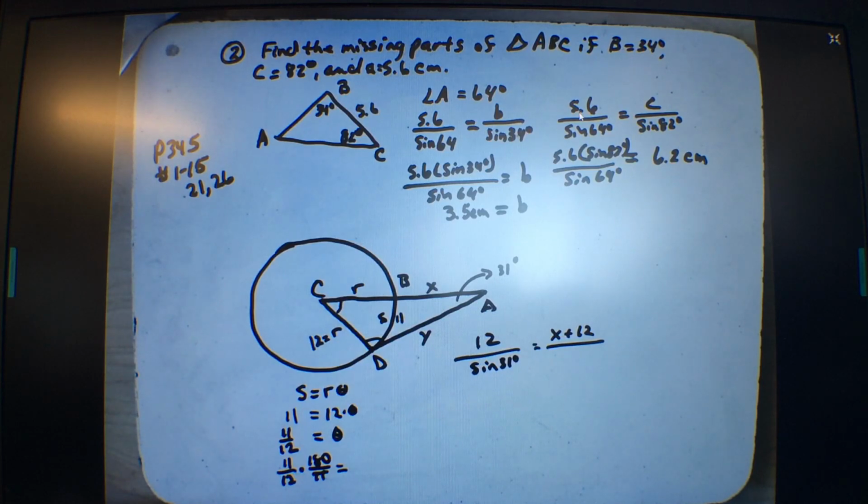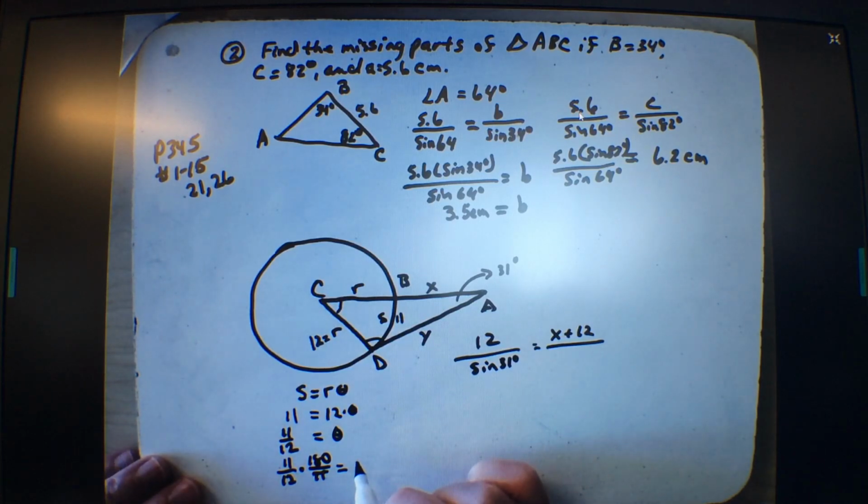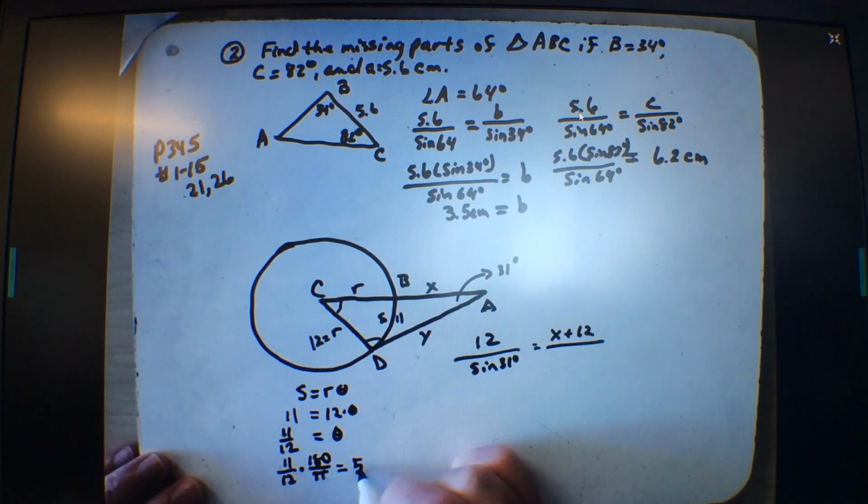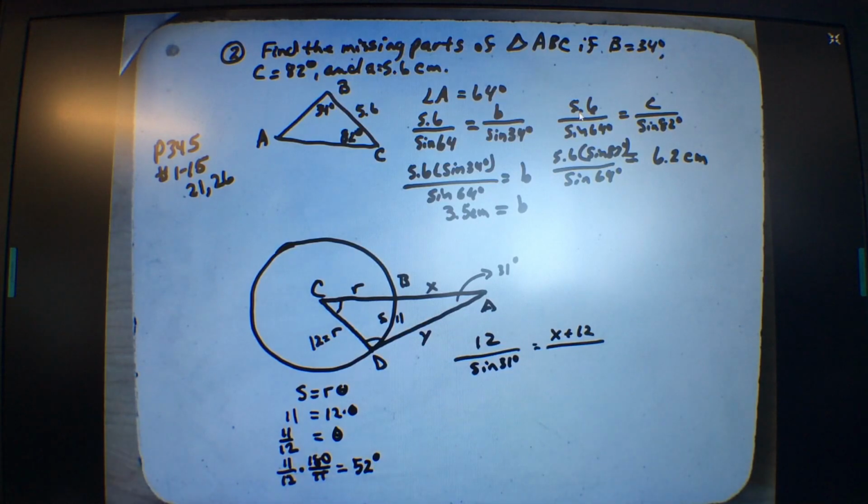You got 165. I got 52. Try it again. 180 times 11 divided by 12 times pi. You're dividing by both of them. What'd you get? 52 degrees? All right, 52 degrees.